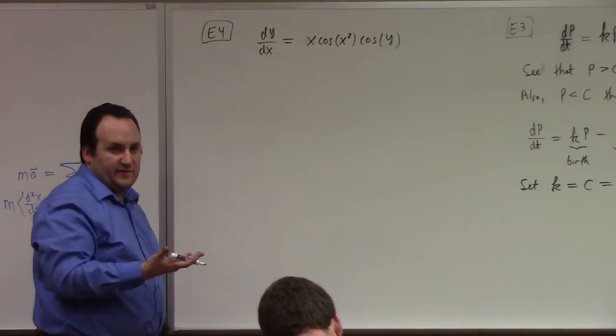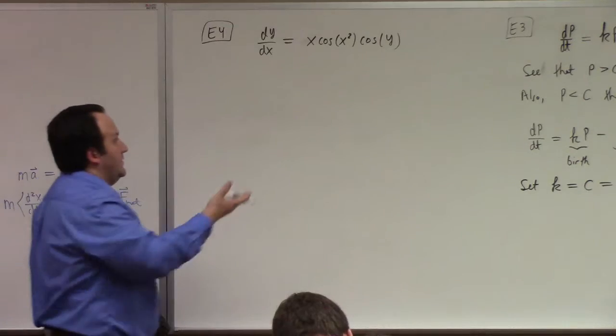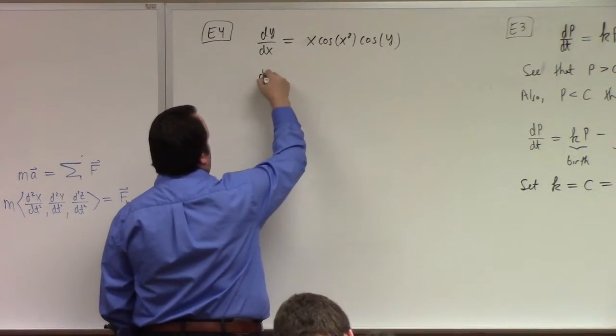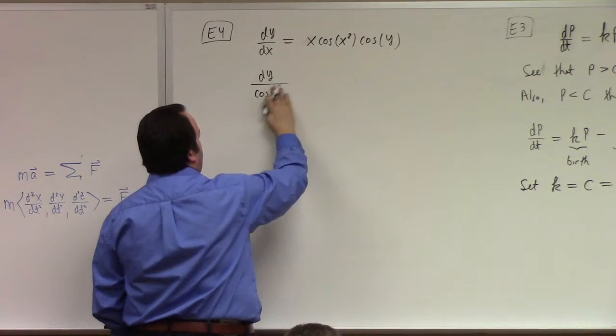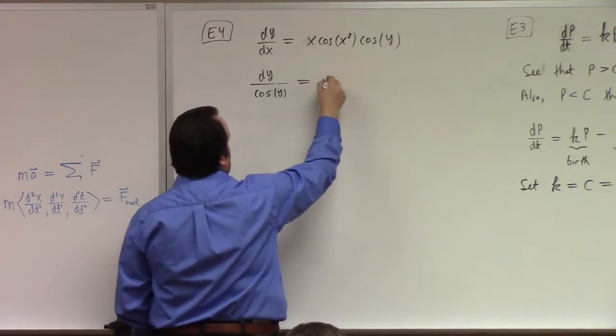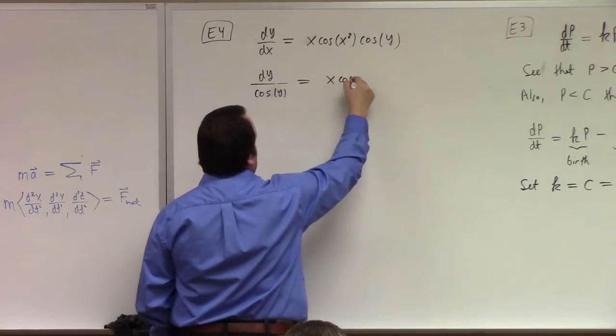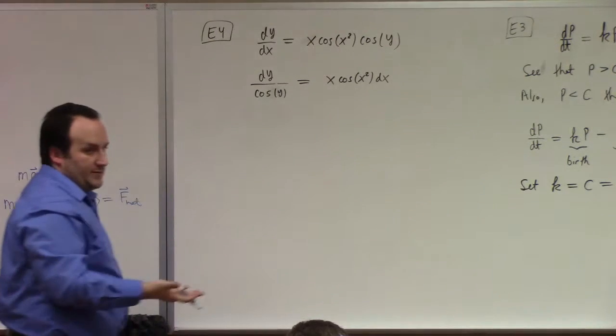So this is a separation of variables problem. I think we can separate variables. What would separation of variables give us? It gives us dy over cosine y, right? Equals x cosine of x squared dx. So we separate variables.